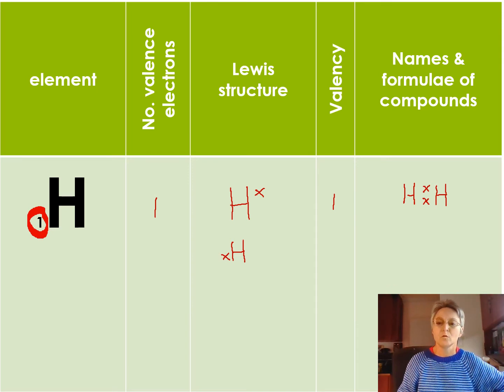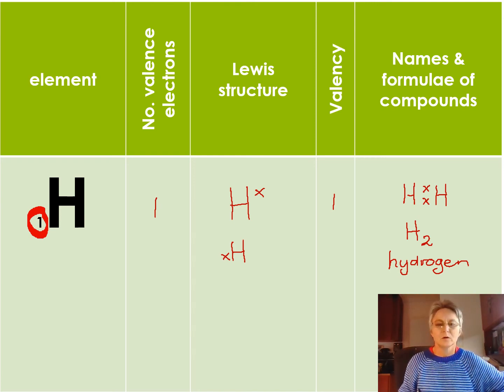This forms a diatomic element, so two hydrogen atoms combined chemically to form the diatomic element hydrogen. This element is stable because it's got two shared electrons.